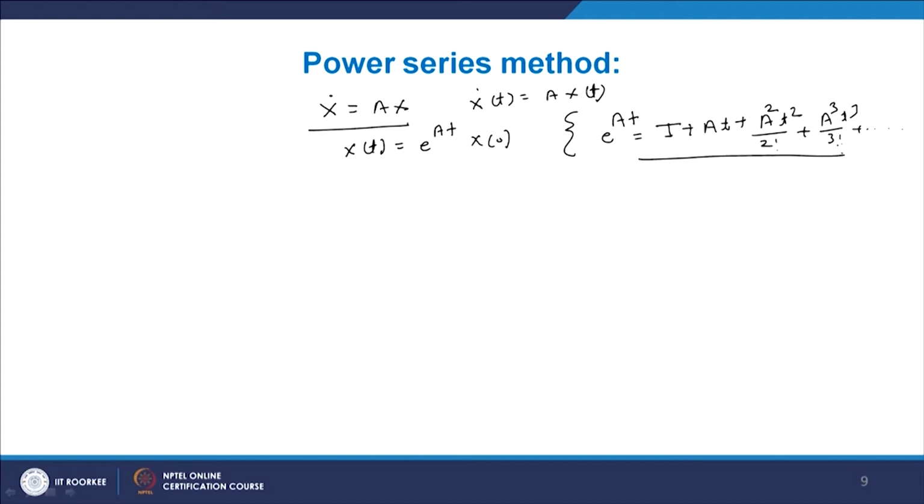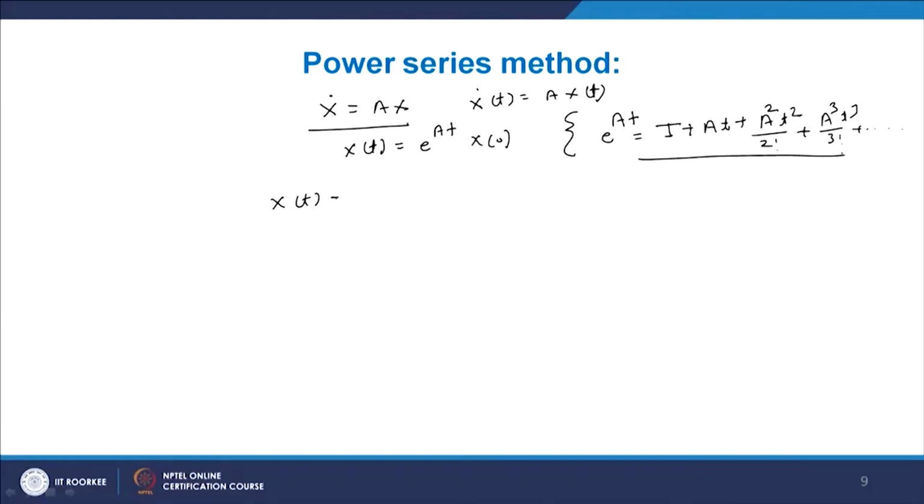Now we start doing it. First of all, we will assume that x of t equals C0 plus C1 t plus C2 t square plus and so on up to Ck into t to the power k.